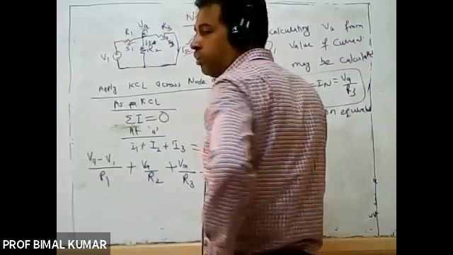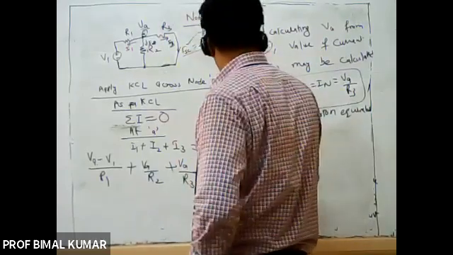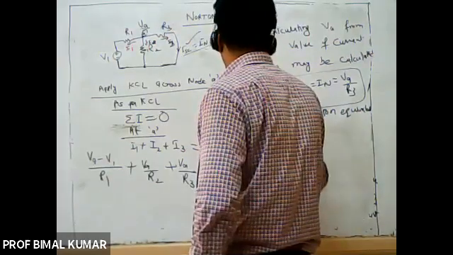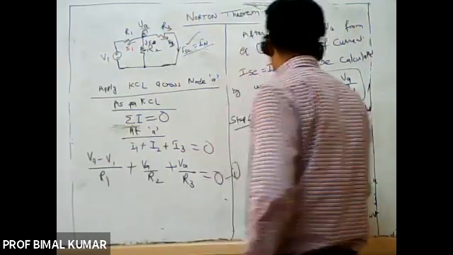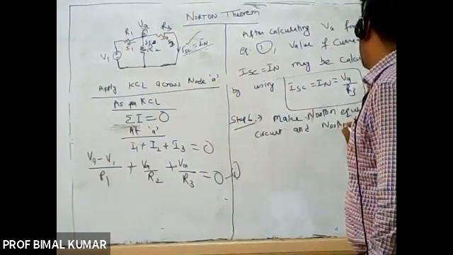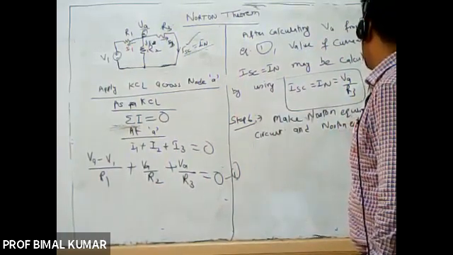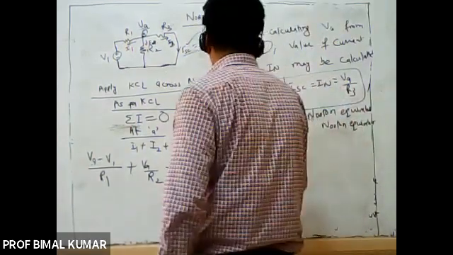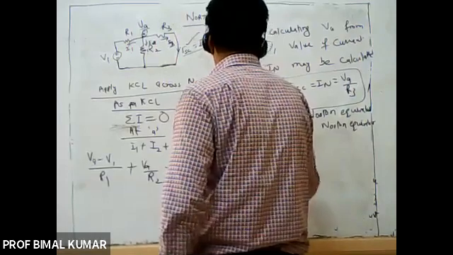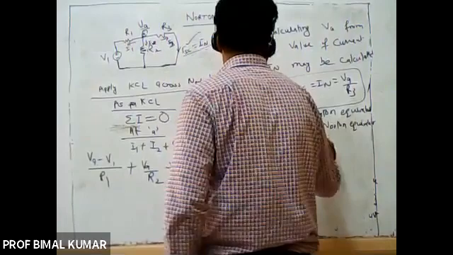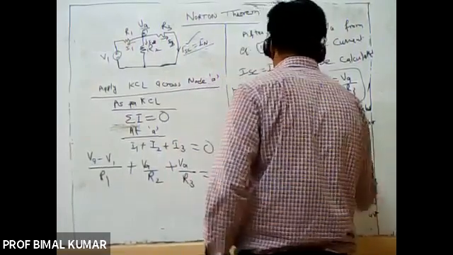There we are making the Thevenin equivalent circuit. So now make the Norton equivalent circuit. The Norton equivalent circuit will consist of 3 elements.